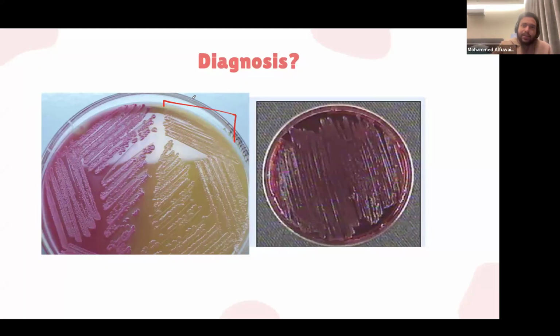Now, Shigella has the Shiga toxin itself, and it can cause hemolytic uremic syndrome in children and in adults as well. Shigella has a specific agar that I want you to memorize what it looks like, which is this one. Do you know what it's called?